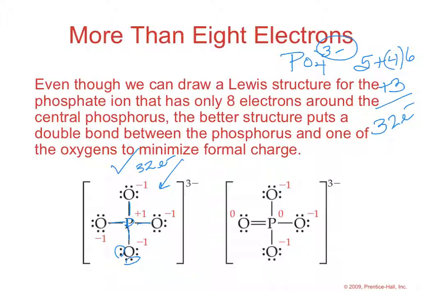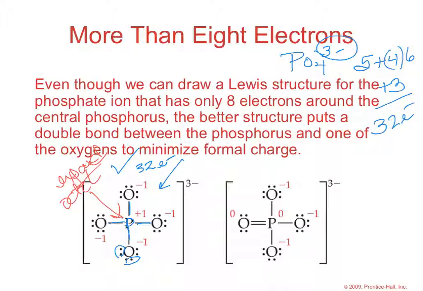But remember the question you need to ask yourself. When you finish step 5, you need to say, can the central atom expand its octet? Well, yes, as a matter of fact. Phosphorus is in period 3. It can expand, it is in period, no, it's in period 4. So it can expand its octet.